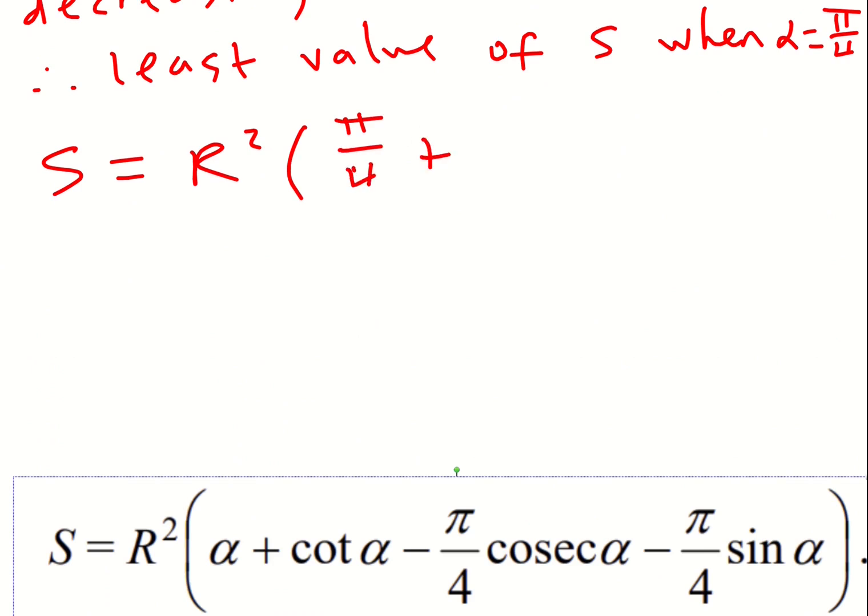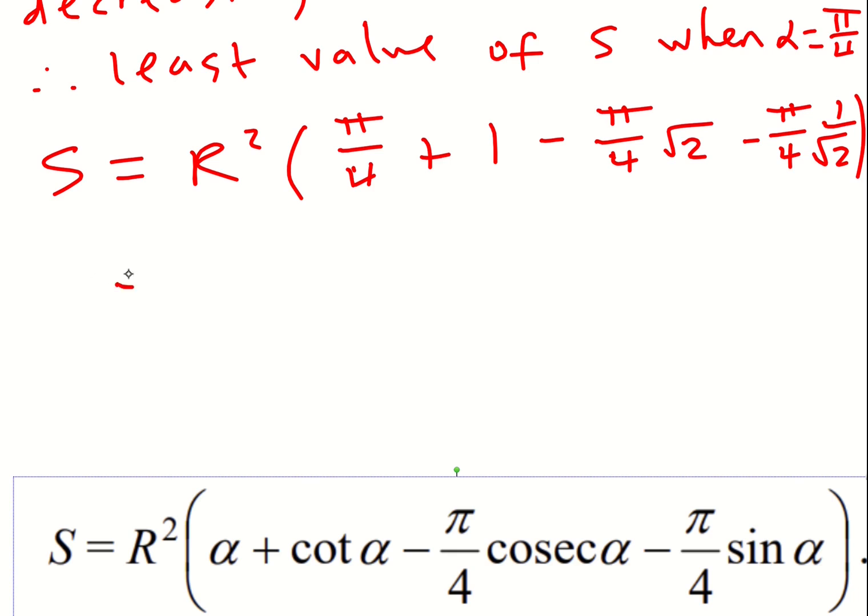Tan of pi over 4 is 1, so cot of pi over 4 is also 1. Sine of pi over 4 is 1 over root 2, so cosec of pi over 4 is root 2. And then we get a 1 over root 2 here.